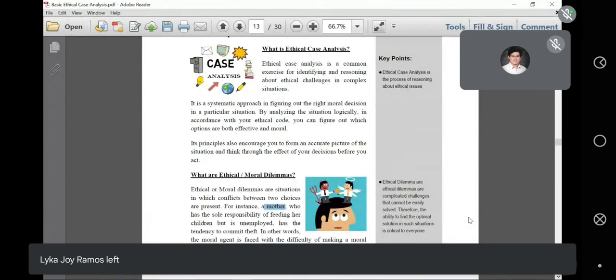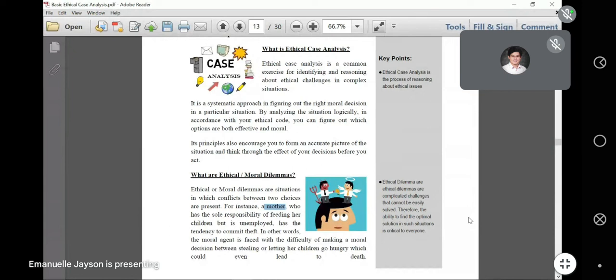So in a sense, hindi lang siya sa moral agent nakatuon, kundi sa taong concerned din. No? For example, ikaw yung may-ari ng store na ninakawan, or let's add this mother who has the sole responsibility of feeding her children, pero walang trabaho, tapos pumunta siya sa store mo, tapos nagtangkang magnakaw, tapos nahuli mo, ano kayang gagawin mo bilang isang store owner?